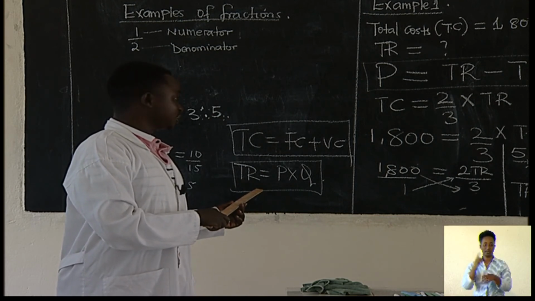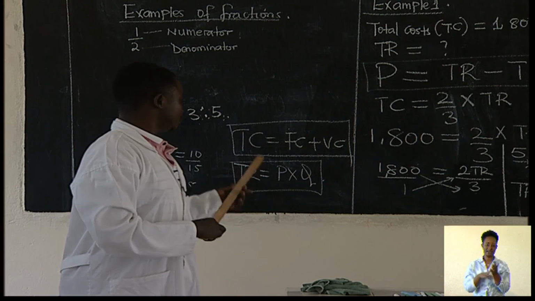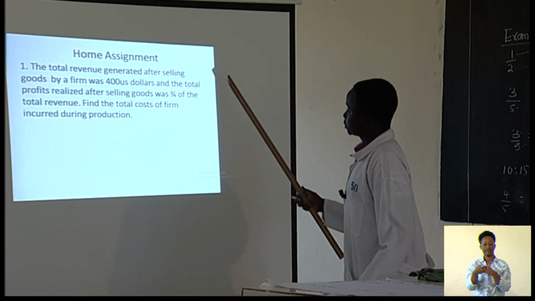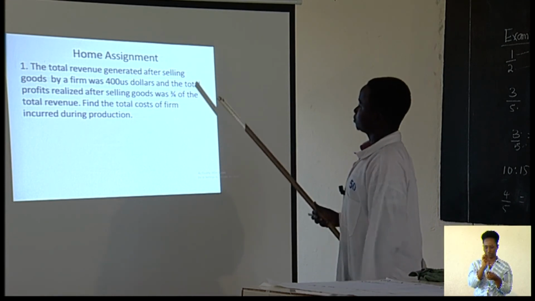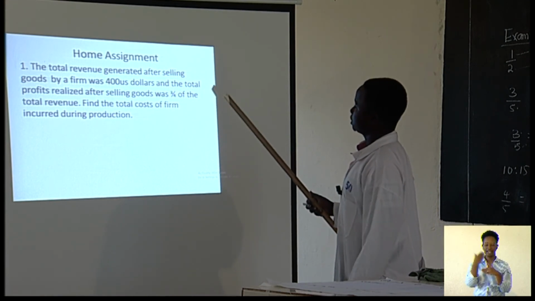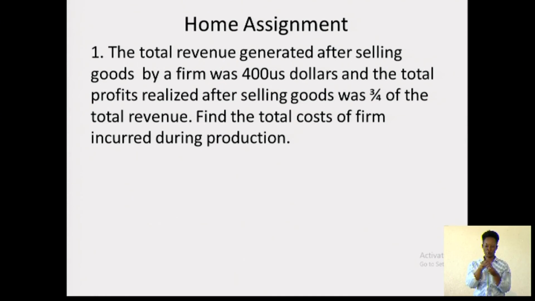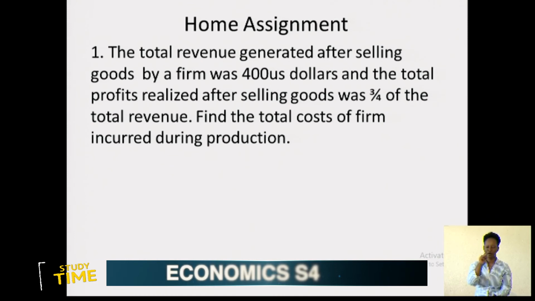You have been given total revenue, and they are telling us that the total profits realized after selling those goods were 3 out of 4 of the total revenue. Now they want you to find the total costs of the farm incurred during production.